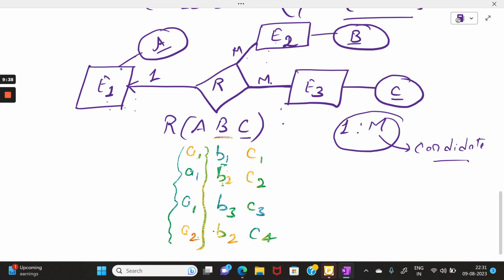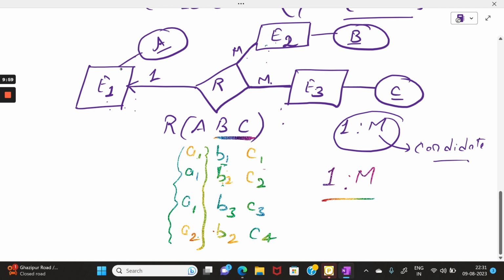So this can be the mapping here. So not exactly can we say that it is one to one, one to M mapping, because here we have three entity sets. We don't have two entity sets.